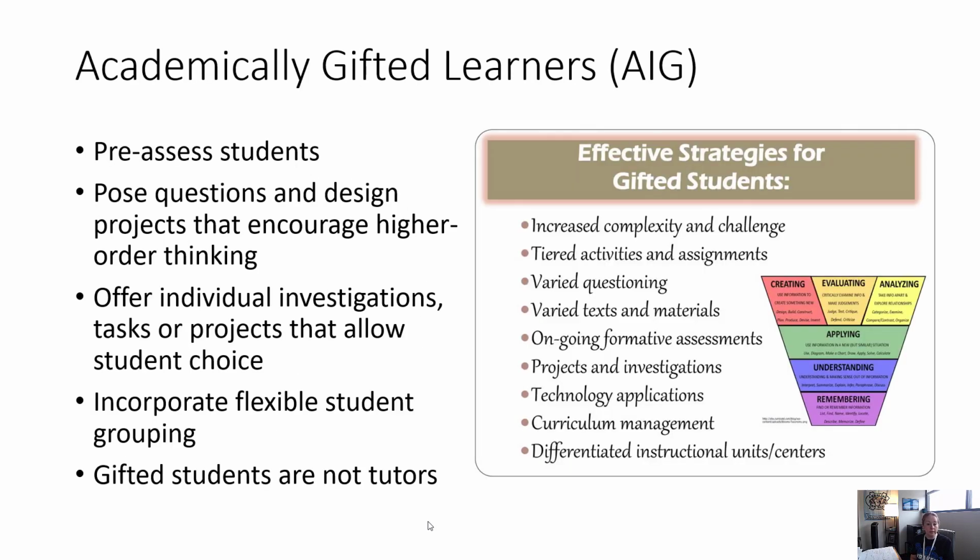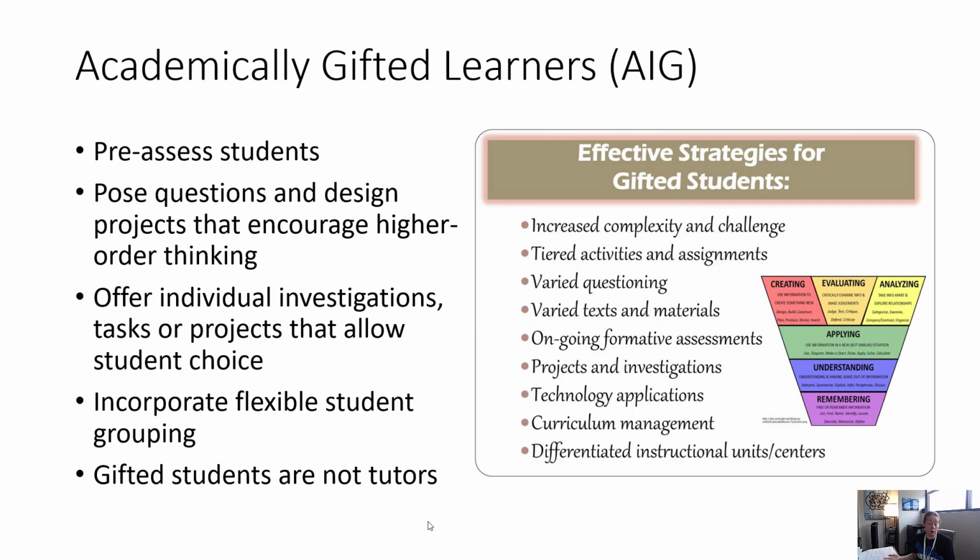Now, academically gifted learners, and you may see the acronym AIG, usually they have some accommodations in place as well from the AIG teacher. Some things that you want to make sure you're ensuring in your class with AIG learners or academically gifted learners, pre-assessing those students to see where they are. You really want to use Bloom's taxonomy.